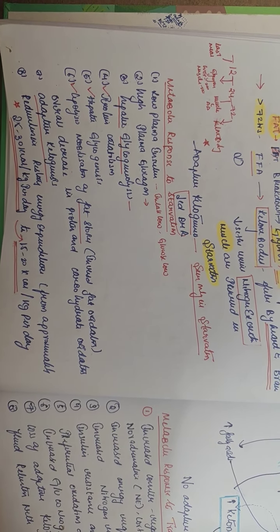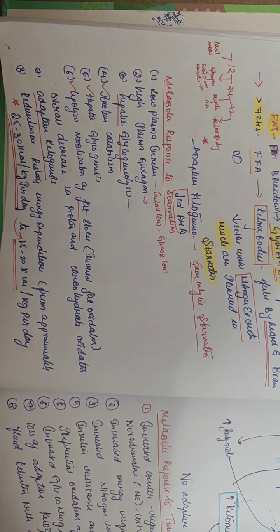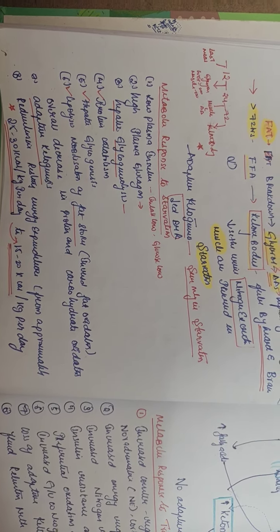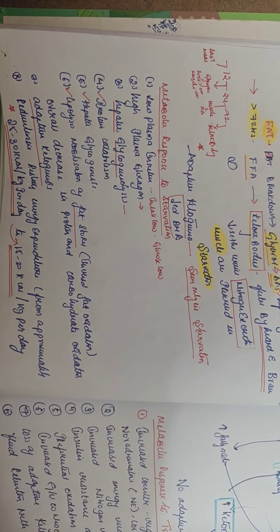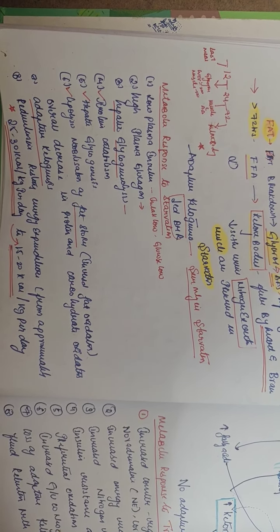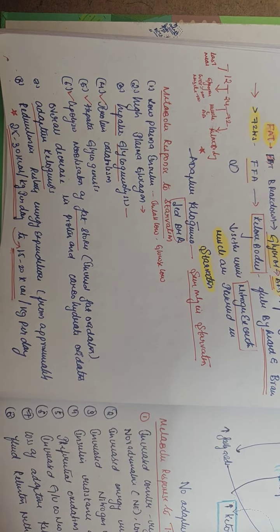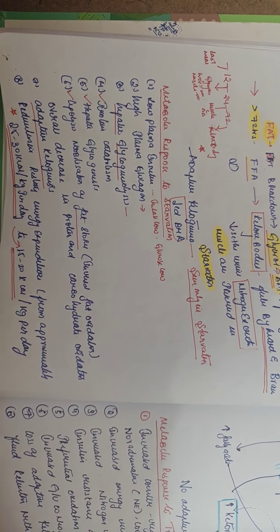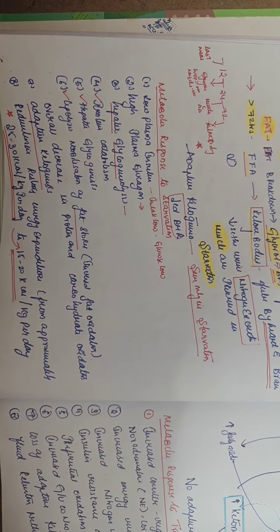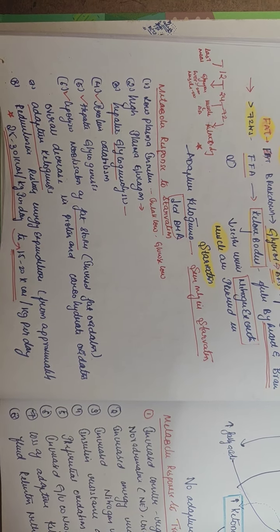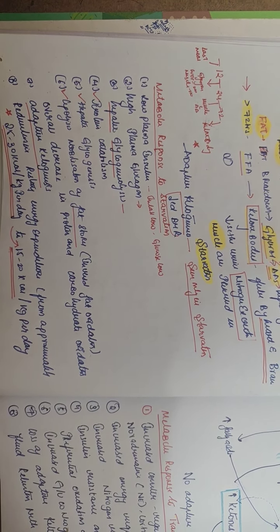We should also understand that there is a reduction in resting energy expenditure from 25 to 30 kilocalories per kg per day to 15 to 20 kilocalories per kg per day. These are the metabolic responses to starvation.